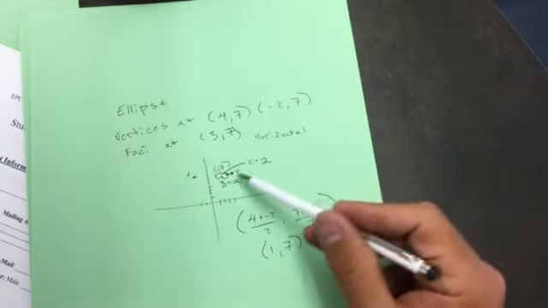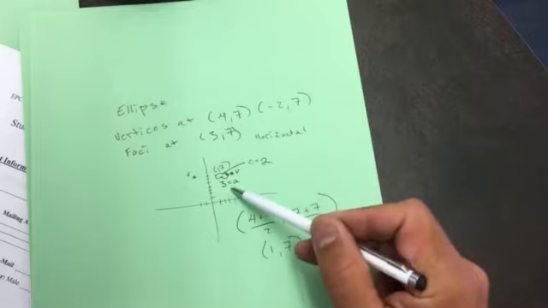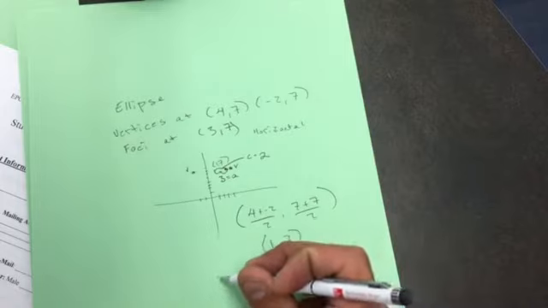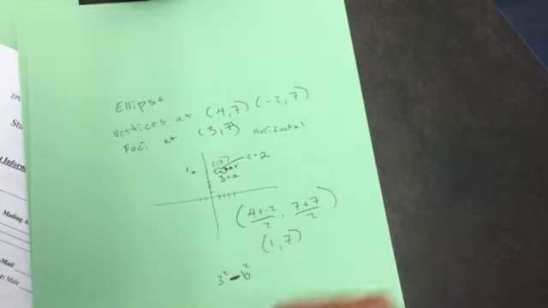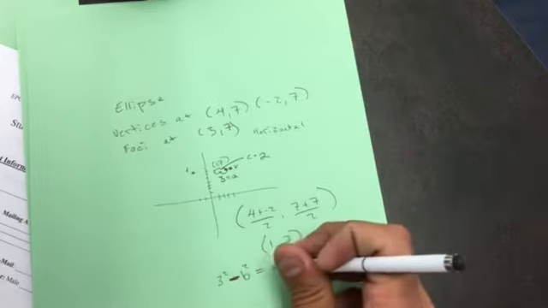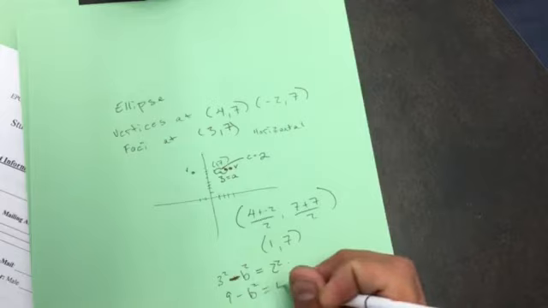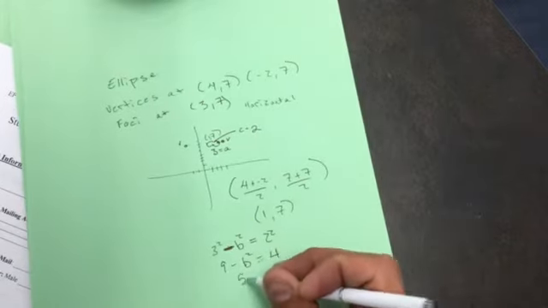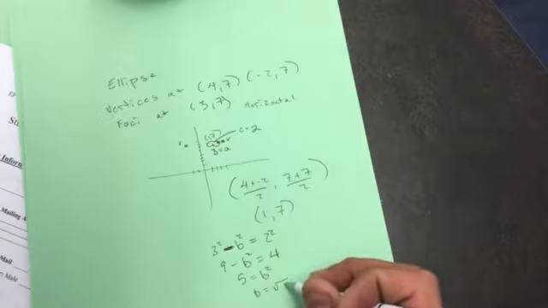So if my C is 2 and my A is 3, what's my B? I'm going to go A squared minus B squared equals C squared. So 9 minus B squared equals 4. I'm going to add the B squared over here and subtract the 4 over here. 5 equals B squared. So B equals the square root of 5.